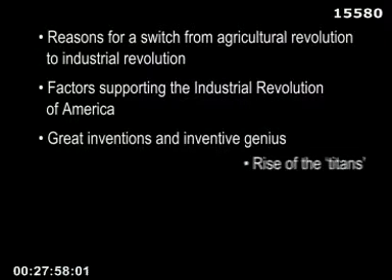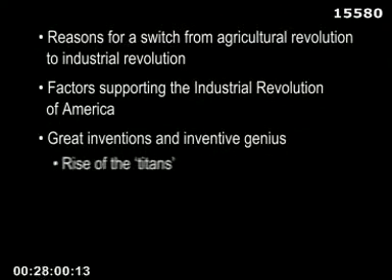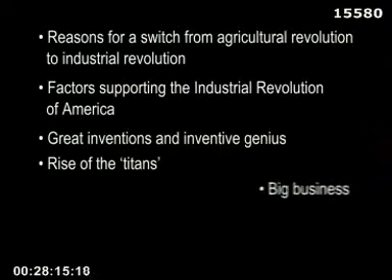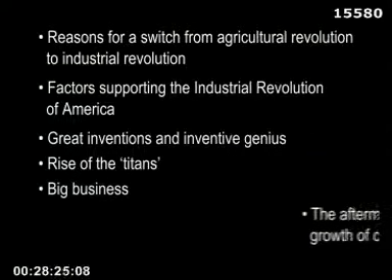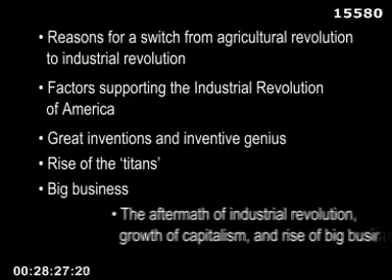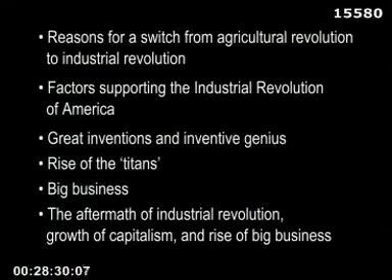We then discussed the rise of the titans, the emergence of industrial tycoons or big businessmen such as Carnegie, Rockefeller, Henry Ford, and Guggenheim. These were the people who really revolutionized industrial America. But they also monopolized production, distribution, and marketing to build what can be called big business empires. We concluded by discussing the aftermath of the Industrial Revolution, the growth of capitalism, and the rise of big business.